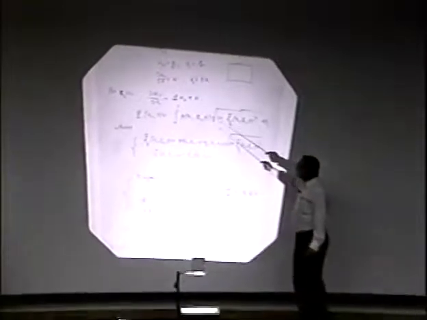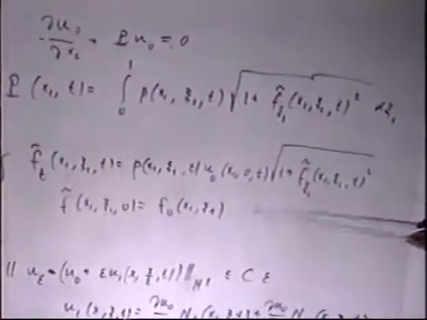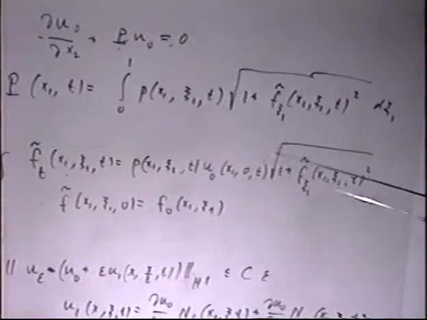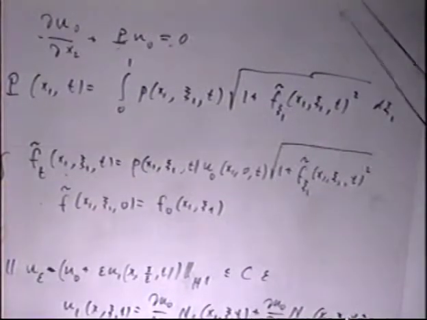One can solve this coupled thing. To solve the equation here, you have to know P. To know P, you have to know F. To solve for F, you have to solve this equation, f sub t equal to this function times square root.